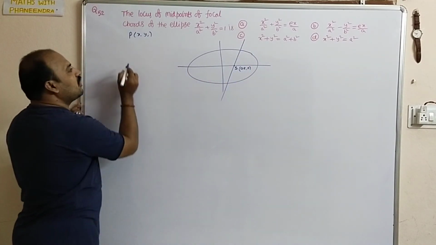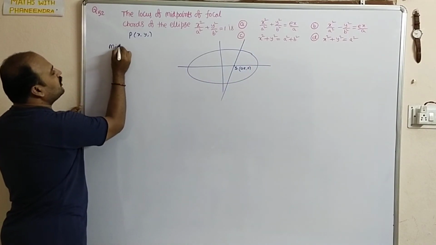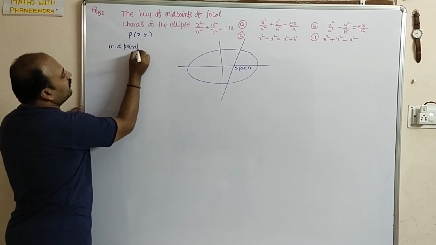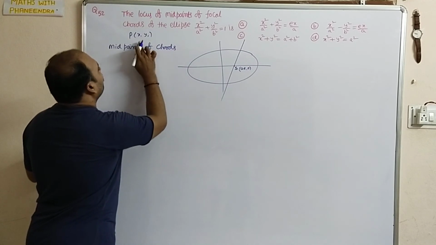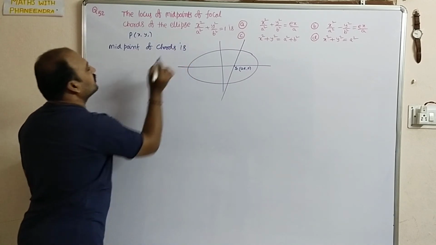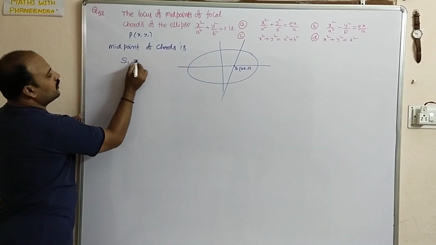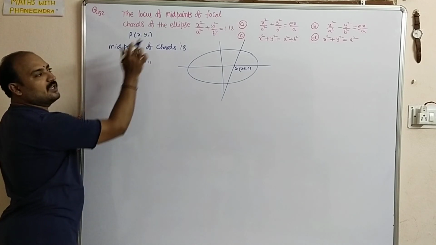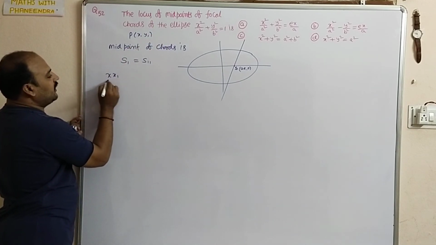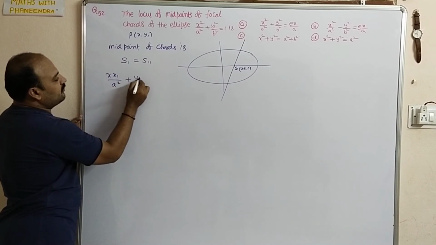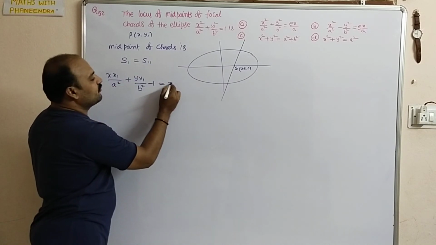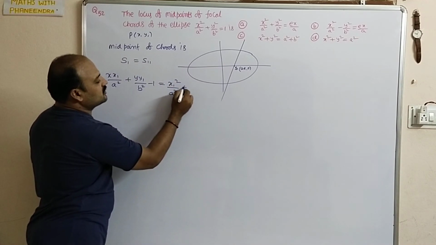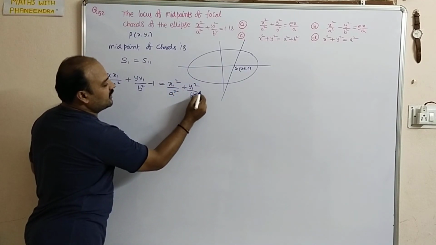So the midpoint of chord formula is what? Midpoint of chords is S1 equal to S11. S1 means x x1 by a square plus y y1 by b square minus 1 is equal to S11, x1 square by a square plus y1 square by b square minus 1.